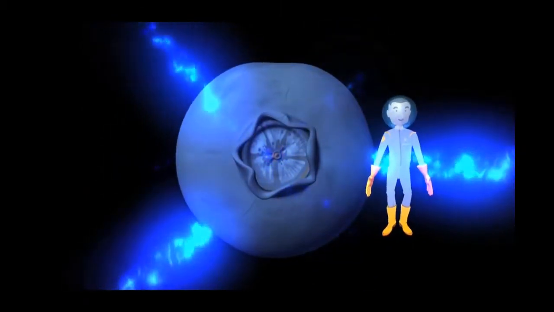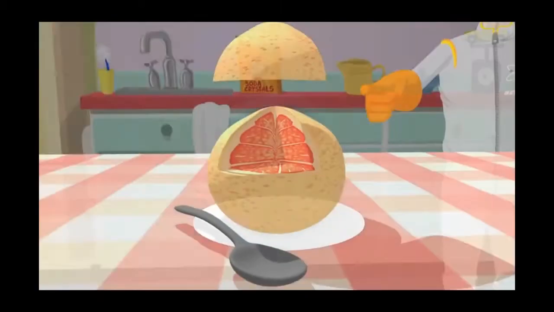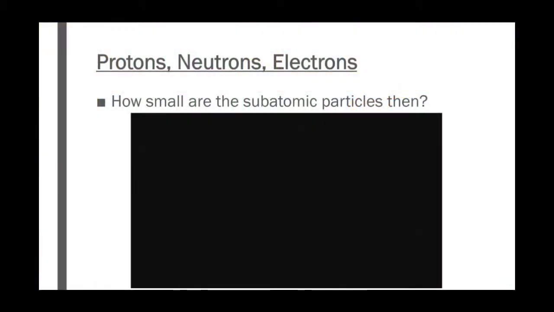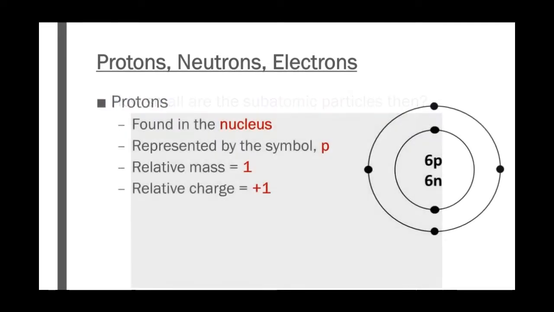Remember, this vast region of empty space is inside the blueberry, which is inside the Earth, which really are the atoms in the grapefruit. So, as you can see from the video, your protons, neutrons, and especially your electrons are very, very small subatomic particles found within an atom itself. The protons are found in the nucleus.